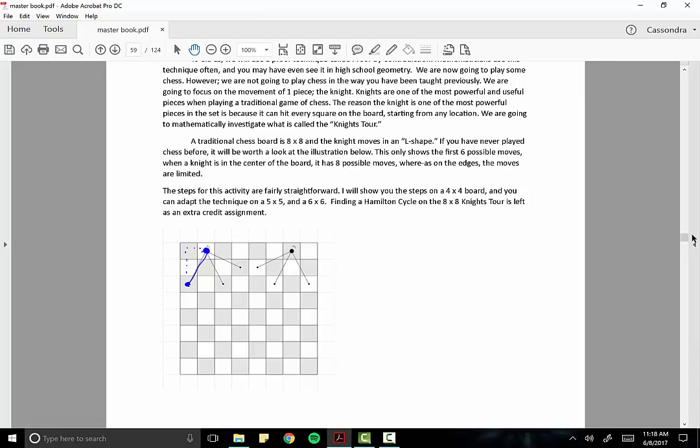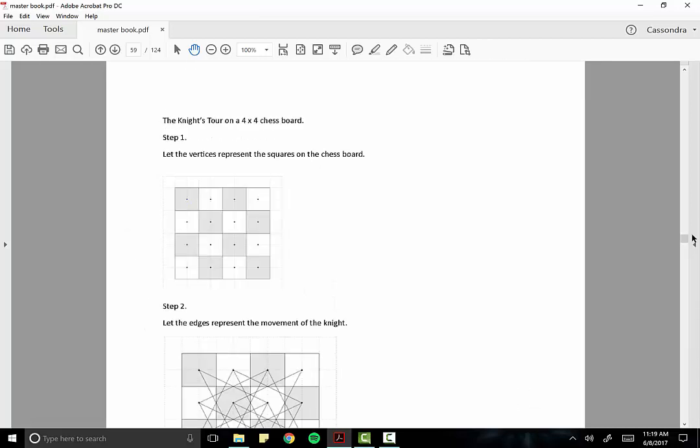Now, what makes knights one of the most powerful pieces on the board besides the pawn is that it can hit every single square in an 8x8 chessboard. So the first thing we're going to do is look at a 4x4 chessboard where all of the squares where you can land are vertices.